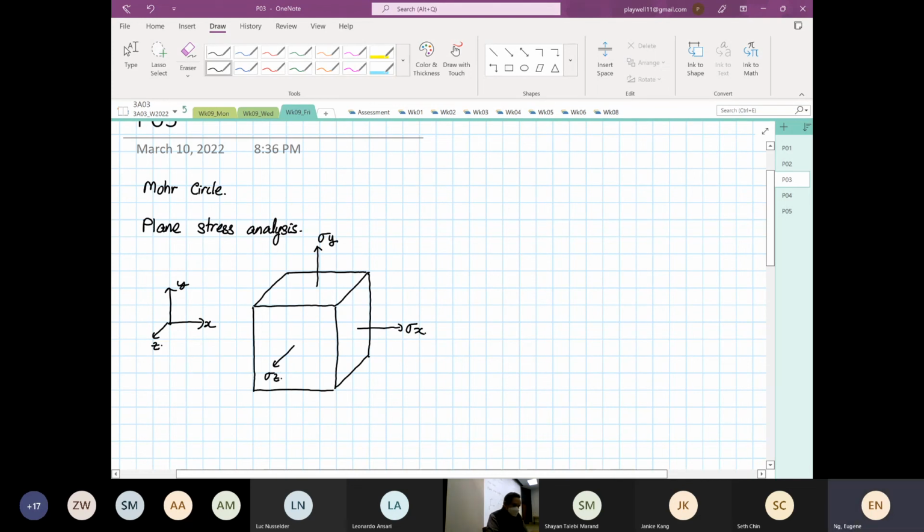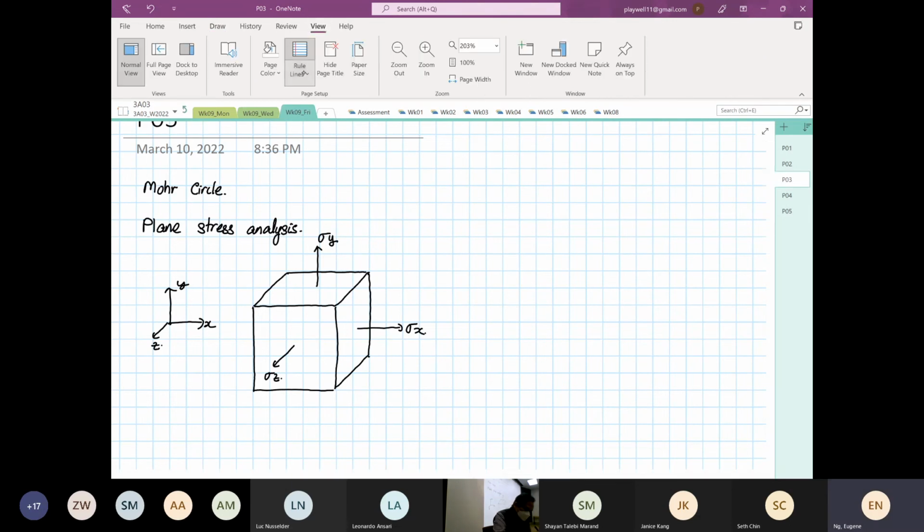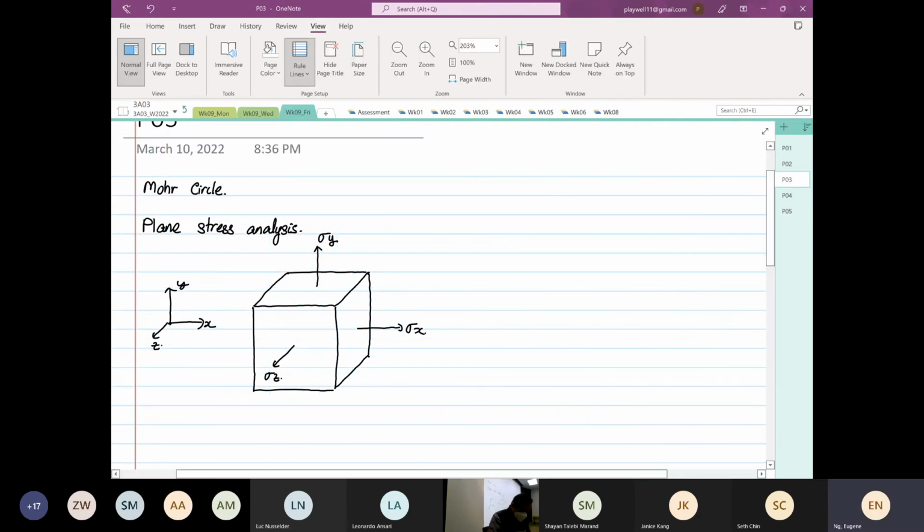So when we elaborate plane stress analysis, what do we actually mean? Plane stress analysis is when stress x and stress y are not equal to 0, and stress z is equal to 0. So that is what we mean by plane stress.